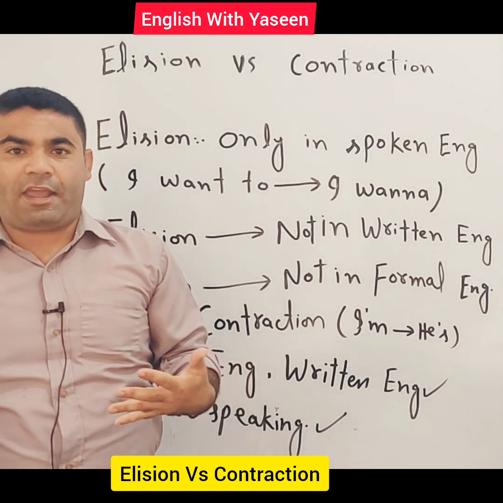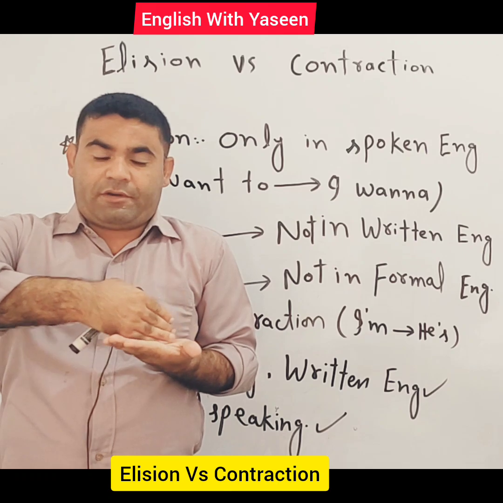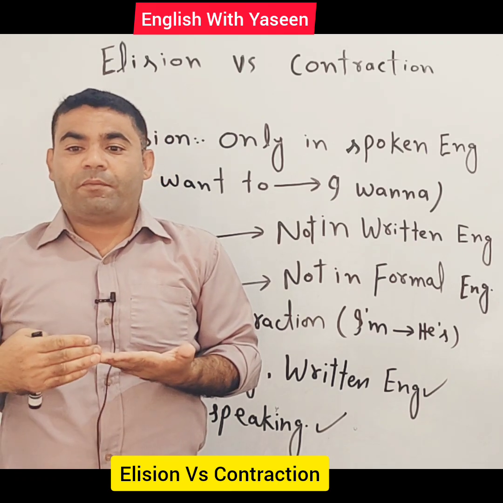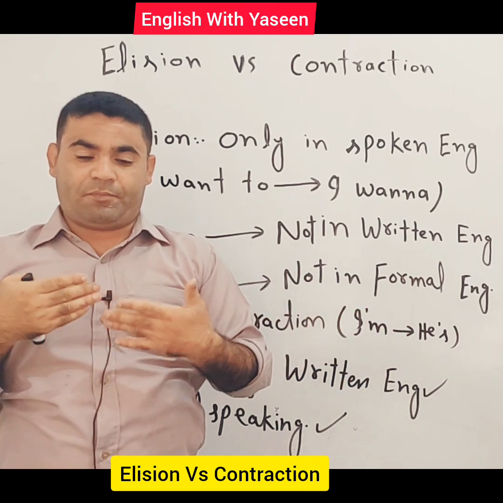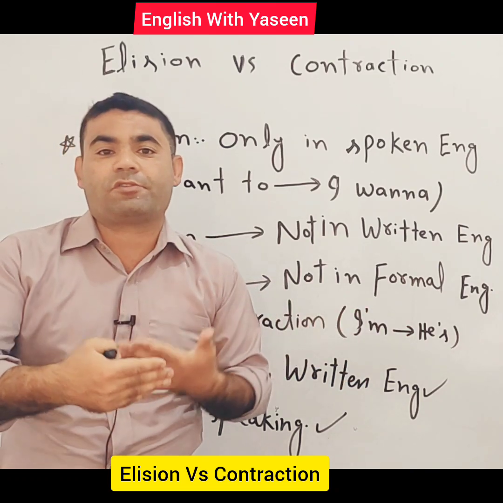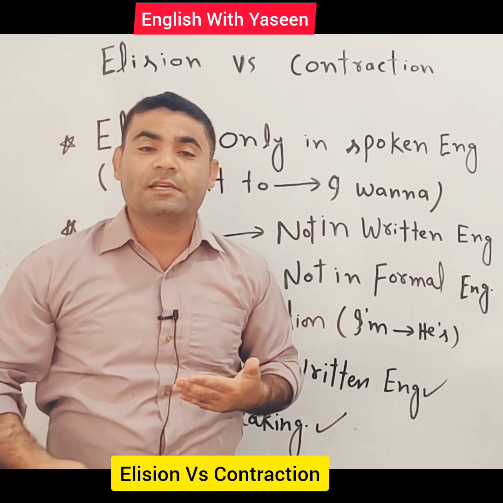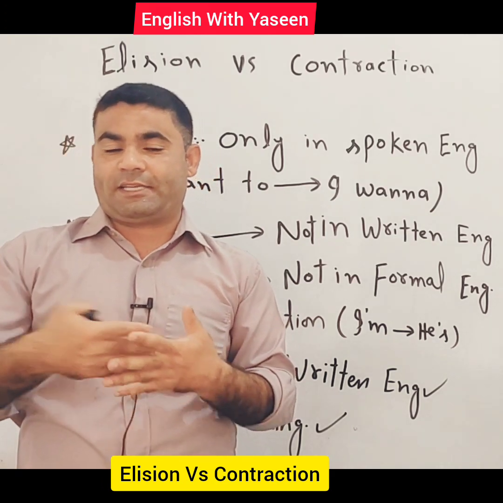Now in America I have heard even very formal people using elided forms, but as I told you, it's mutual understanding. The person who uses elision understands English, and the person who listens to him also understands English.